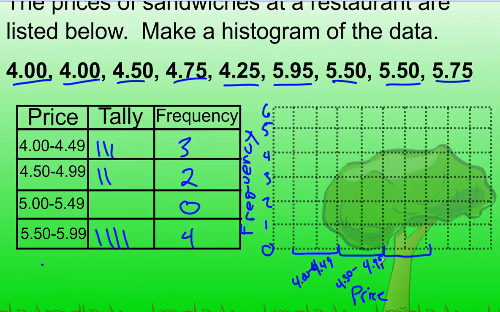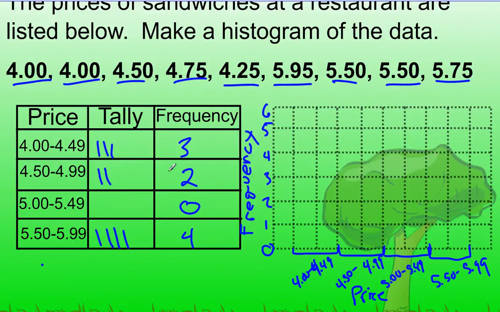The next bar is from $5 through $5.49. And the last bar is from $5.50 through $5.99. So you see where my bars are going to go. I planned out ahead. They are touching each other. They're going to be right up next to each other. There's no spaces in between.